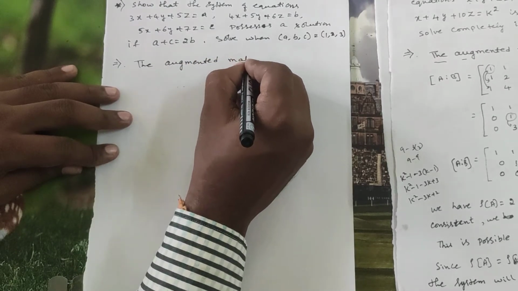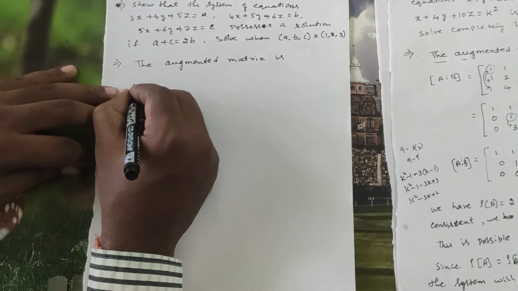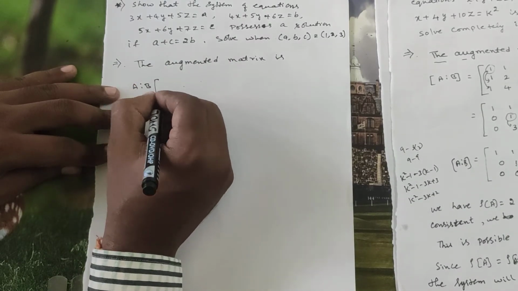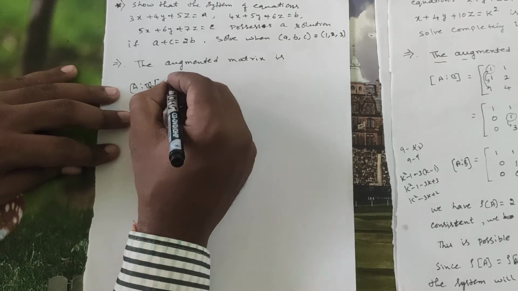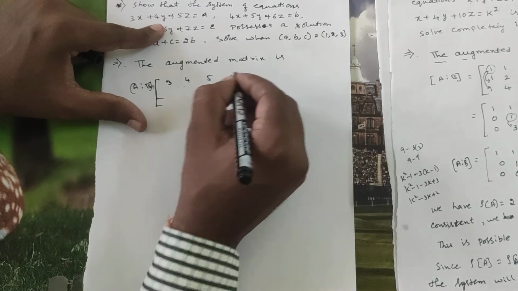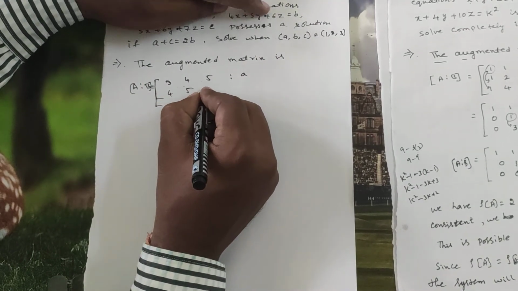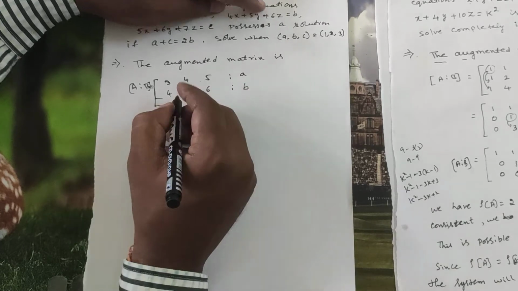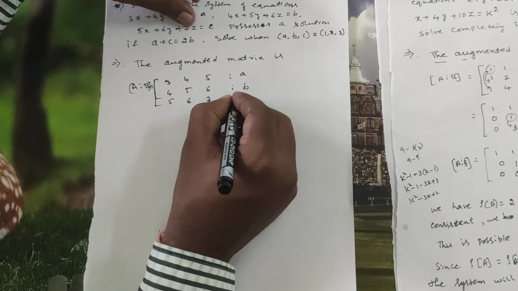The augmented matrix A augmented with B is: 3 4 5 augmented with a, 4 5 6 augmented with b, 5 6 7 augmented with c.